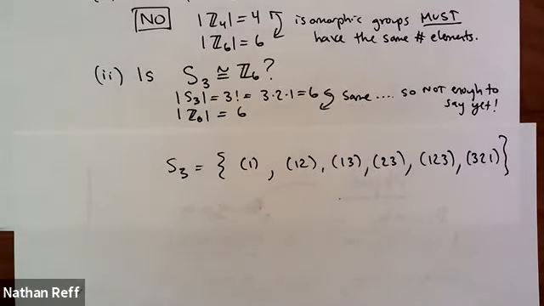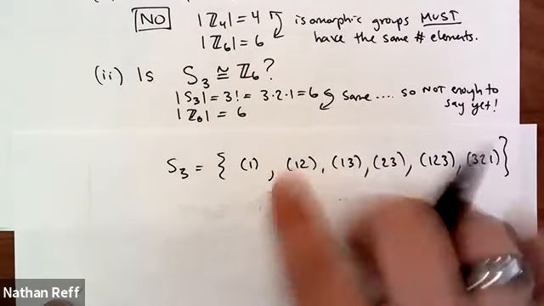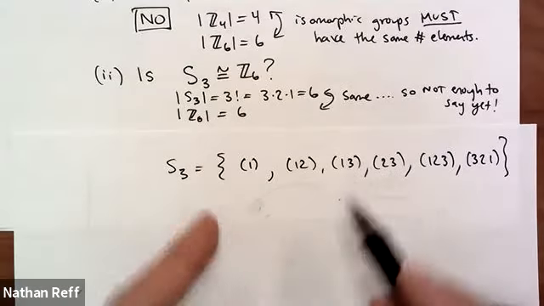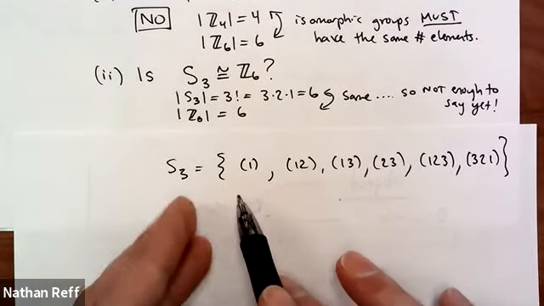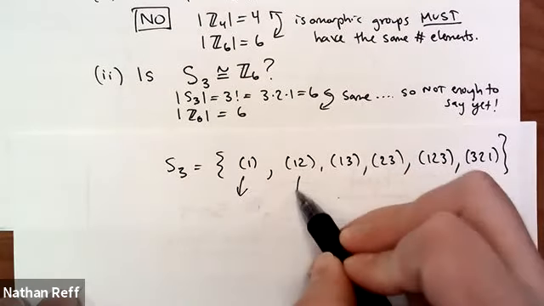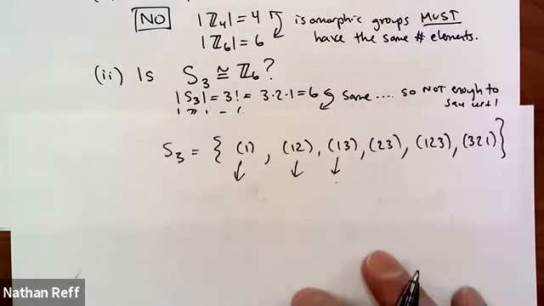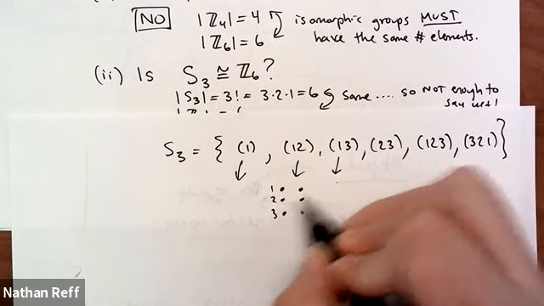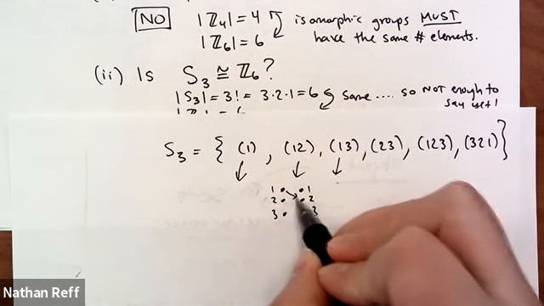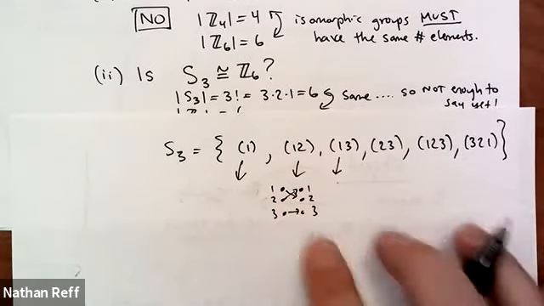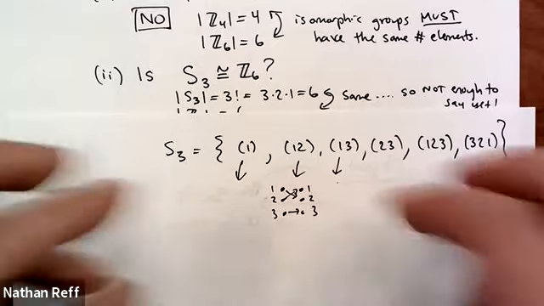I'm not adding in all the 1-cycles, but those are the 6 elements. Remember these are bijections from a set of 3 objects to a set of 3 objects. So each one of these represents an actual little function. Like this represents the function from 1, 2, 3 to 1, 2, 3 where 1 goes to 2, 2 goes to 1, and 3 goes to 3. So there are 6 different functions there, and the operation is function composition.